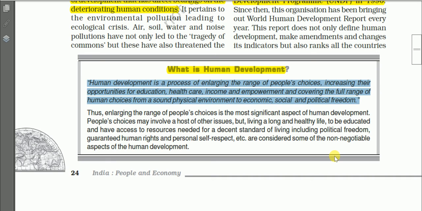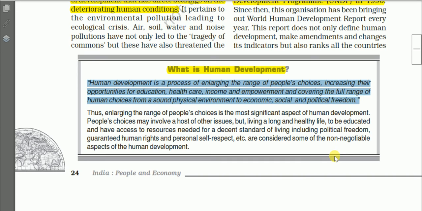There should be economic freedom: everybody must have access to the resources. There must be social freedom: there should not be discrimination among ourselves. There should be political freedom: we must be free to express public opinion. Only after that will there be human development.